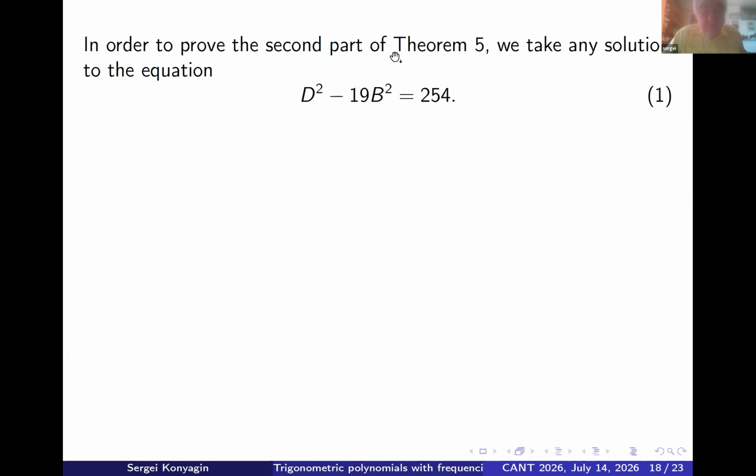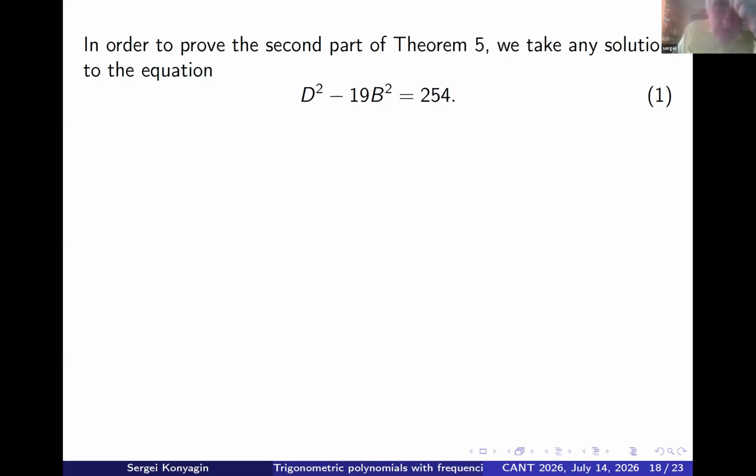So let me say a few words about the proofs. As for theorem 5, I'll comment on the second part of theorem 5, where we claim that for infinitely many numbers n, we can take a segment of size square root of n such that it is not a Sidon set. How to construct this segment?